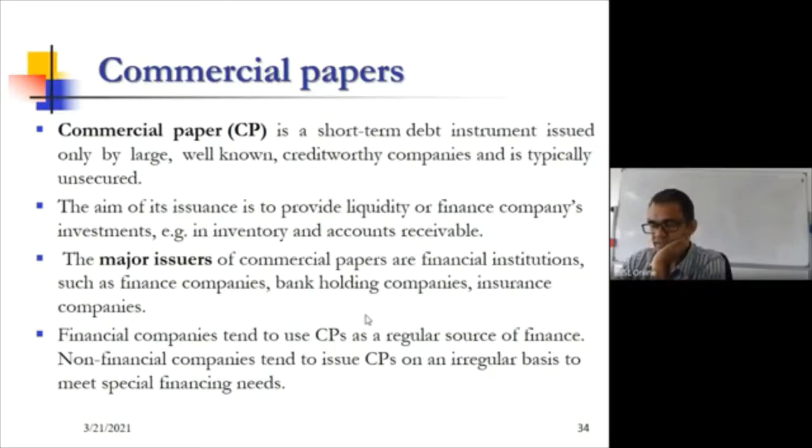But the other thing is you take the credit risk of the corporate. It's not like the government. We mentioned treasury bills are risk-free from the point of view of credit risk, because we assume the government can pay. But with commercial papers, there's a credit risk.